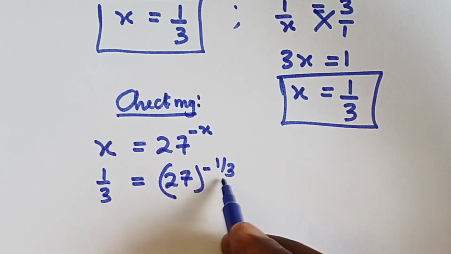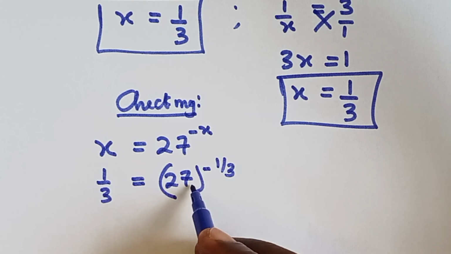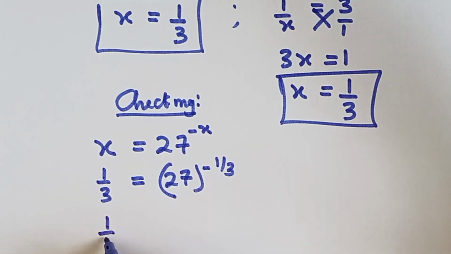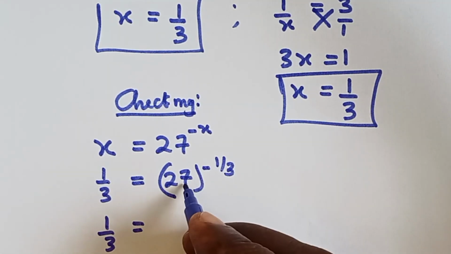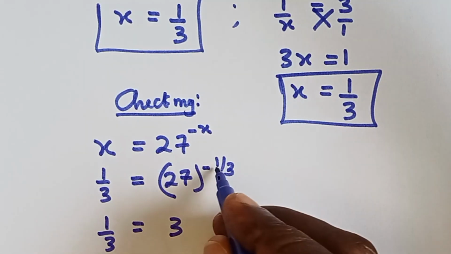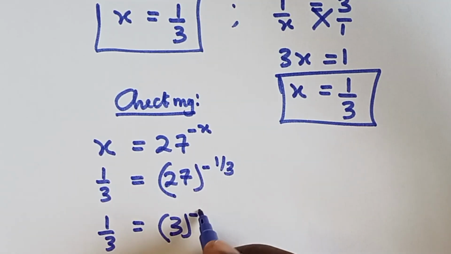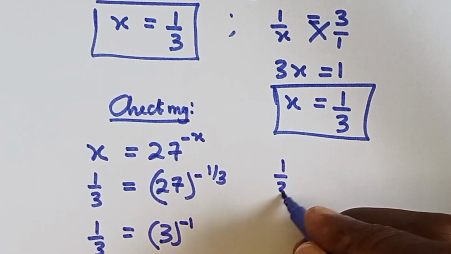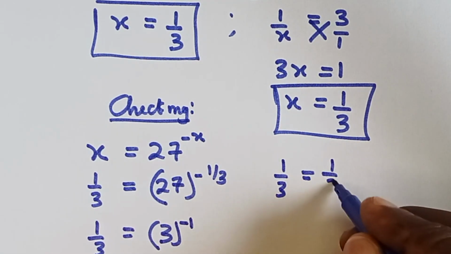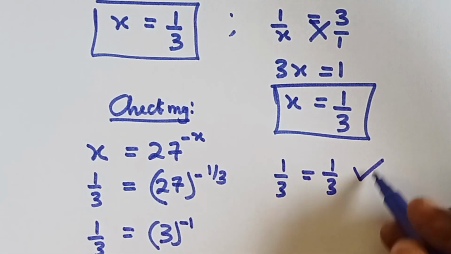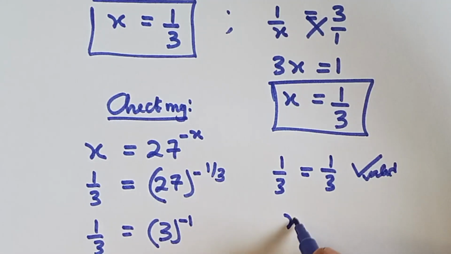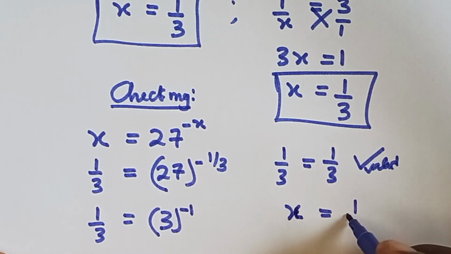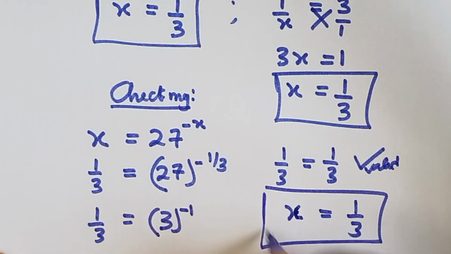This gives the cube root of 27, which is 3, and then we have minus 1, so 3 raised to power minus 1. So we have 1 over 3 equals 1 over 3. That means the answer x equals 1 over 3 is a valid answer.